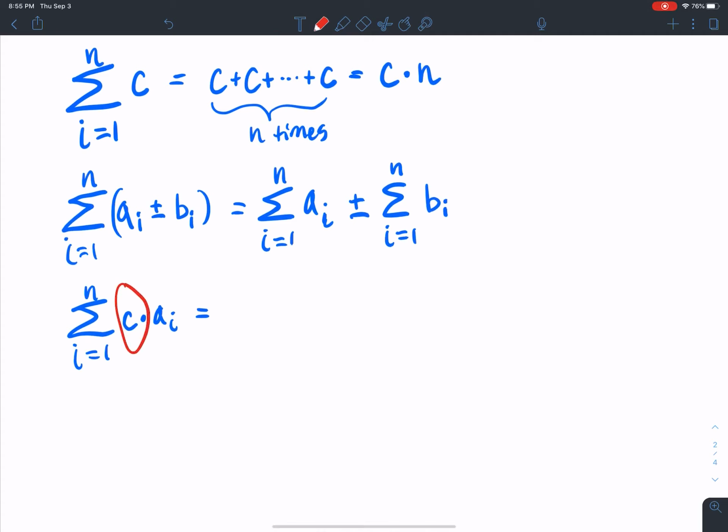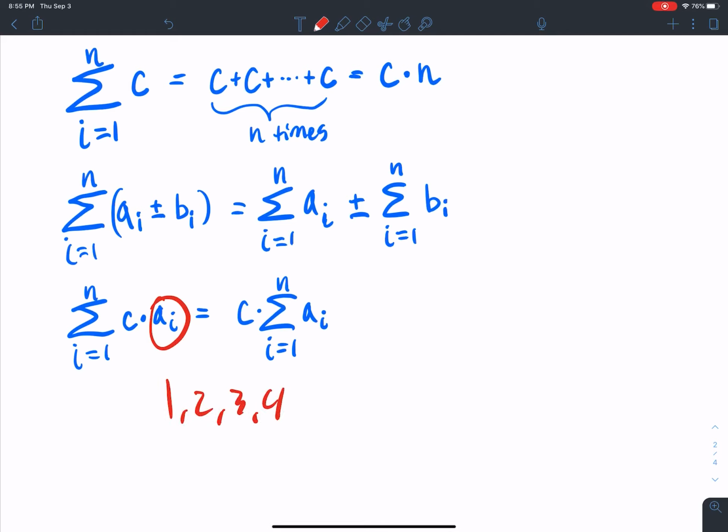So if there's a c there, a constant, I can use the constant multiple rule and pull the c all the way out. Say the a_i's were 1, 2, 3, 4, and the c was 5. So I had 5 times 1 plus 5 times 2 plus 5 times 3 plus 5 times 4, right?